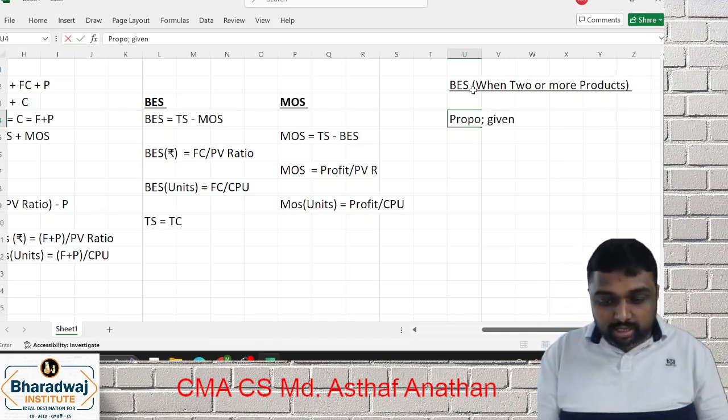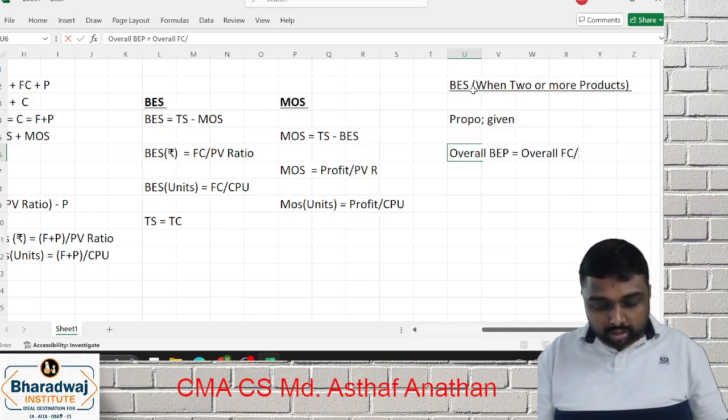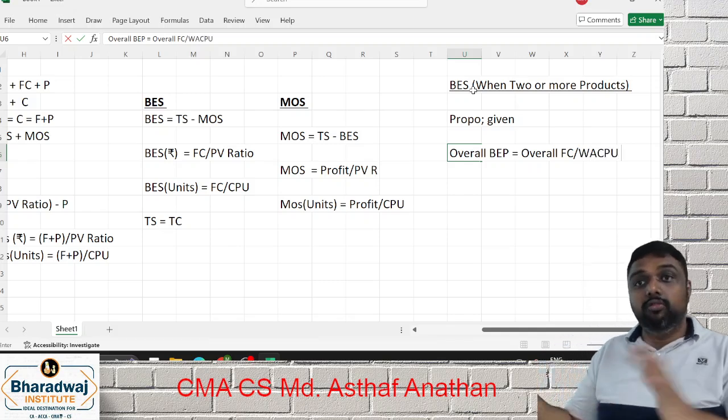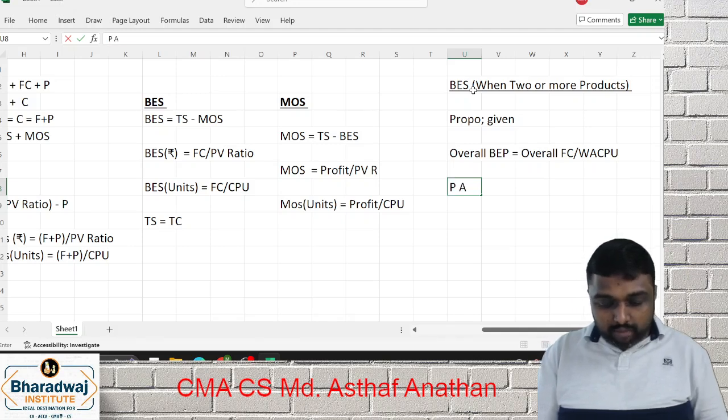So when proportion is given, your overall break-even point is equal to overall fixed cost by weighted average contribution per unit. Then you have to convert into each product. What is your overall break-even point?